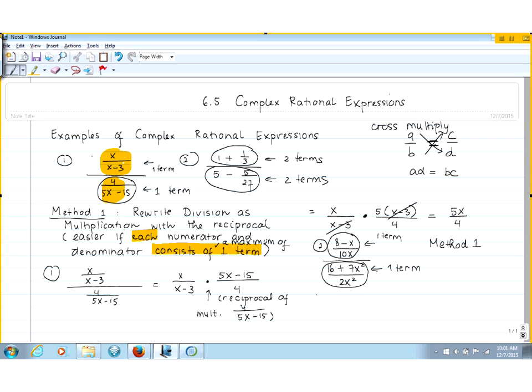All right. So we will write it as multiplication. 8 minus x over 10x, and then multiply by what? 2x squared over 16 plus 7x squared.